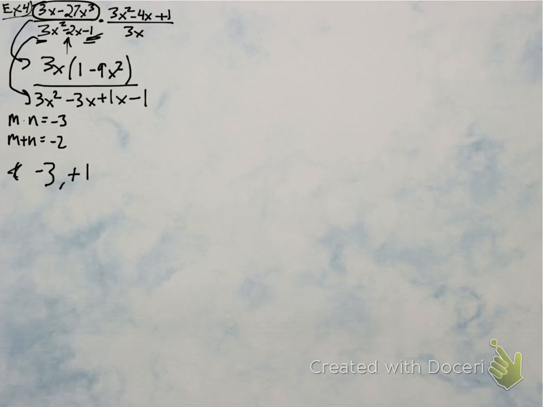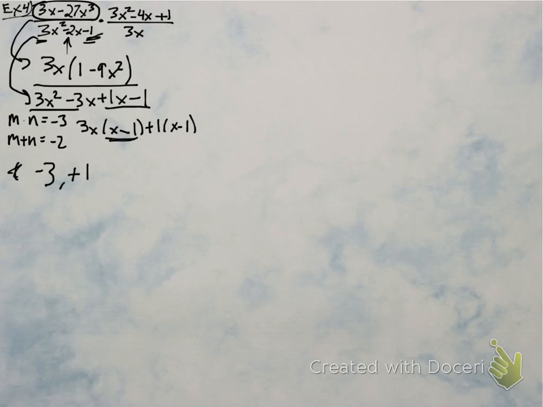Let's stick to this denominator and get it all the way factored before we move on. What we're going to do from here is group the first pair and the last pair. Out of the first pair, I can pull out a 3x, leaving behind an x minus 1. Out of the second pair, I can only pull out a positive 1, and that leaves behind an x minus 1.